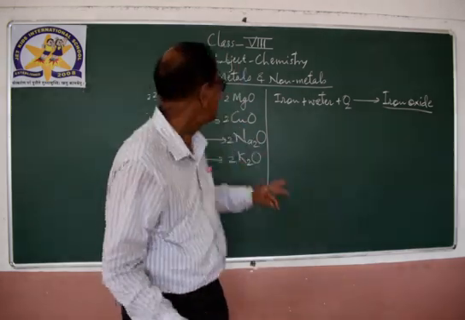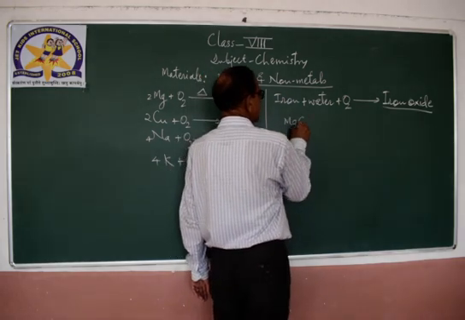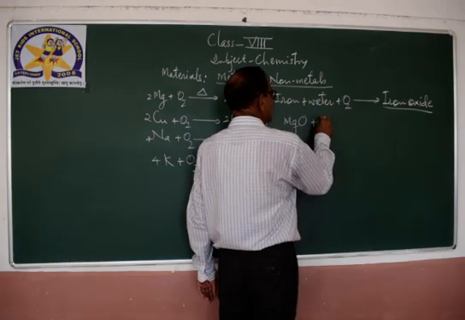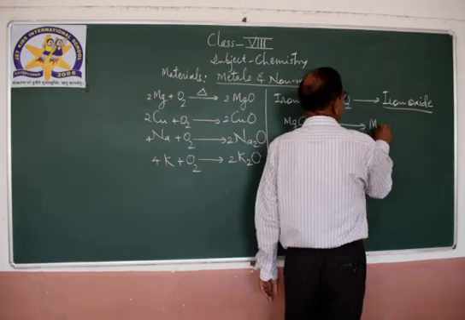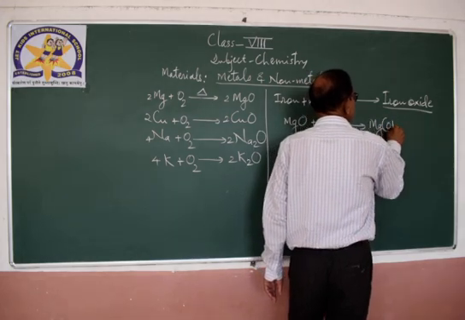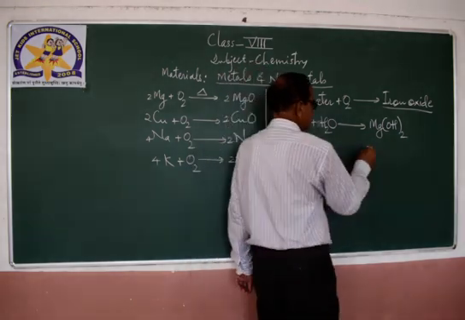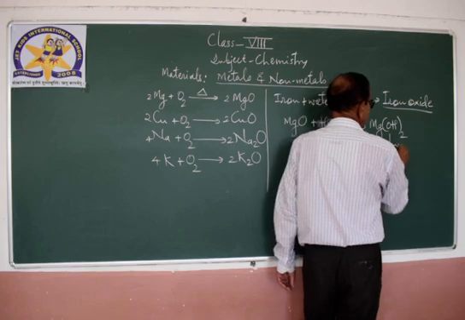How? For example, take the magnesium oxide MgO. When it is reacted or dissolved in water, see, magnesium hydroxide is formed. So this is magnesium oxide and this is magnesium hydroxide.